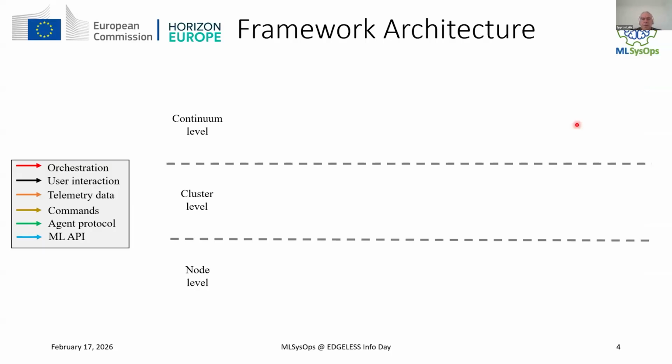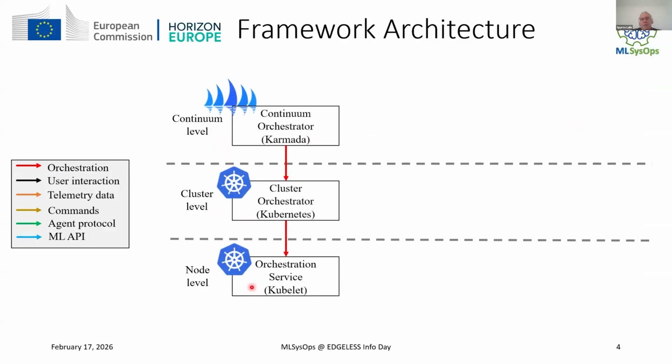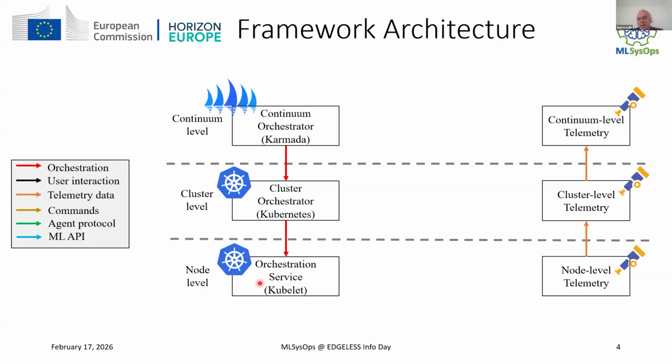To give an overview of the architecture, if we look at the three levels of the continuum, so the global level, the cluster level, and the node level, we have the deployment pillar, which works top-down, basically, so we can deploy multiple containers from the continuum level. Then we decide which cluster each container is going to run, and then within the cluster on which node. On the bottom-up side, we have telemetry.